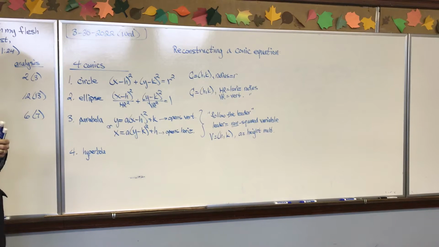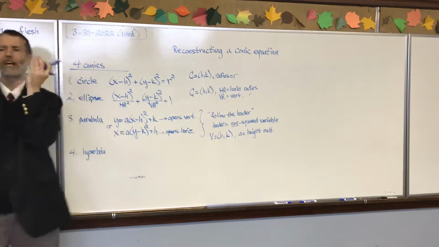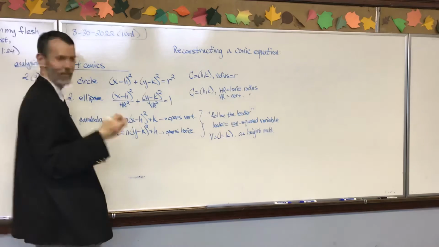It's almost a clone of one of the previous ones, with just one tiny change. An ellipse, correct. A hyperbola is an ellipse turned inside out. What's the only change?